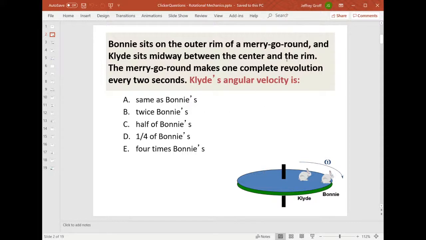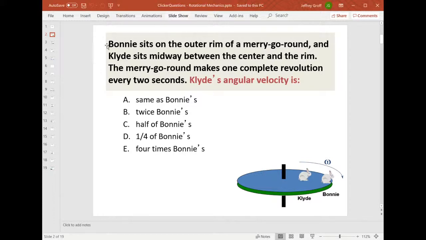So the angular velocity of a rigid, solid object doesn't depend on where you are on that object. All parts of a wheel rotate with the same numbers of radians per second, or revolutions per second. All right? So only half of you got that right, but that was your favorite answer.